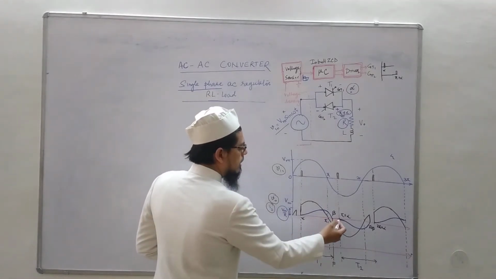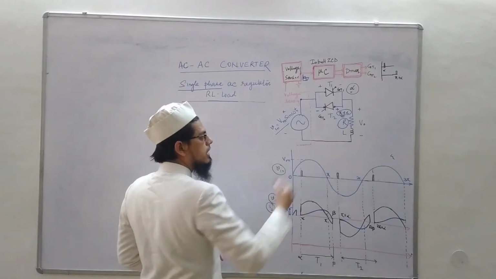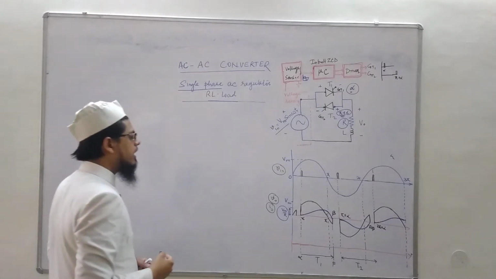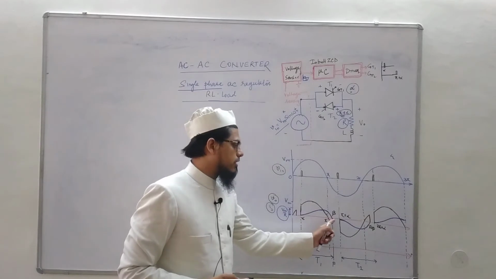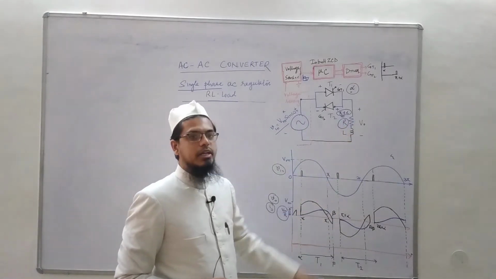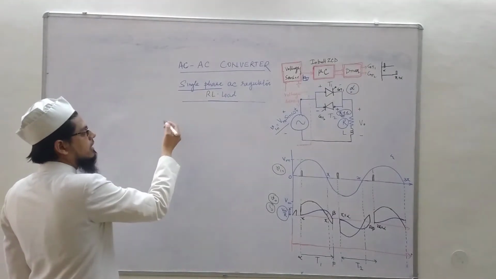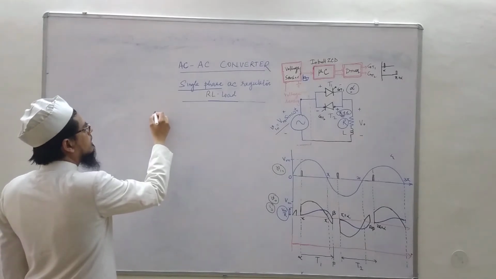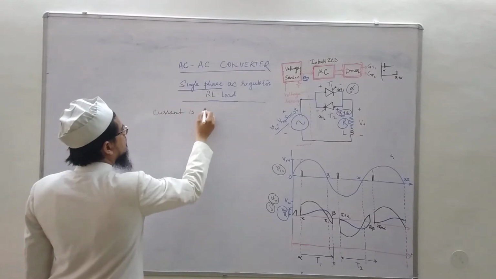So from beta to pi plus alpha, the current flowing through the load, which is an RL load, is equal to 0, and definitely beta would be depending on the values of R and L. So we start analyzing by taking the case when the current is discontinuous.